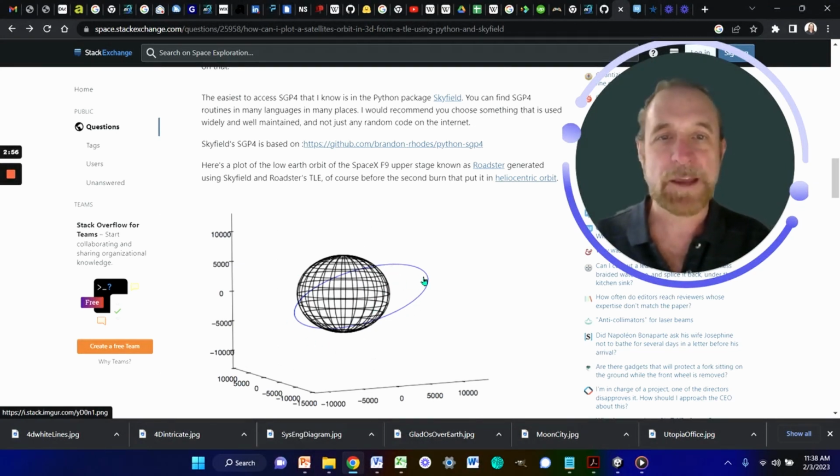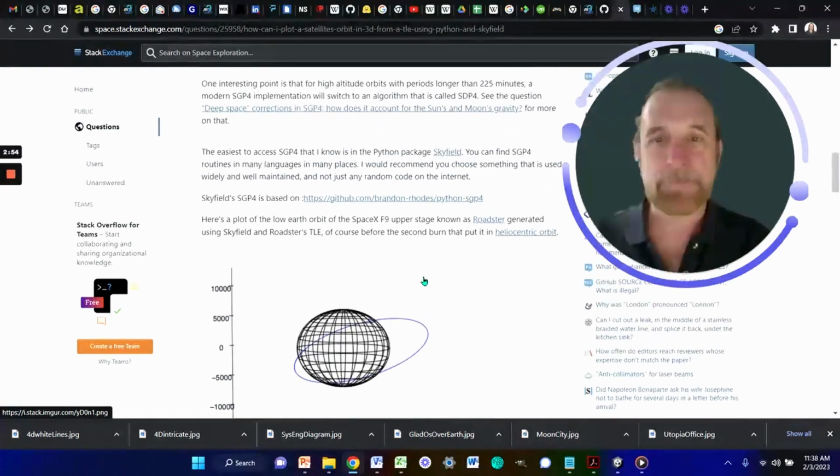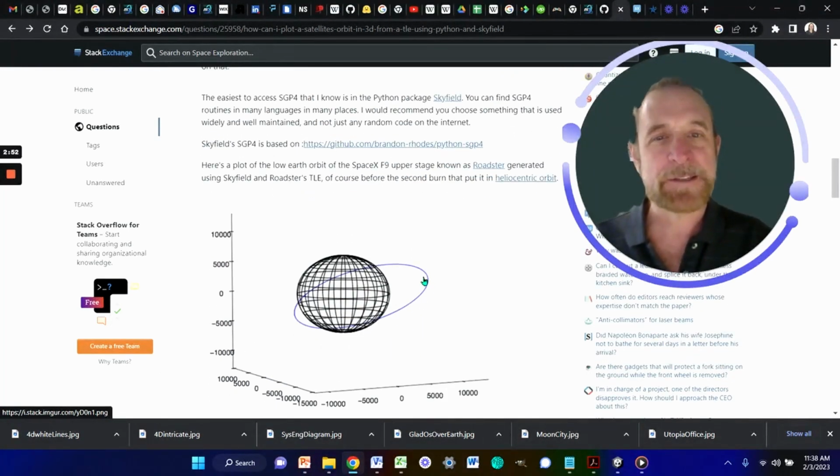We want the ISS. This is pulling from a database. That might be the easiest way to go, to just pull from the same database, or it might be better to look at pulling from our own spreadsheet or just hard code in the numbers we want. So this is good enough for now.